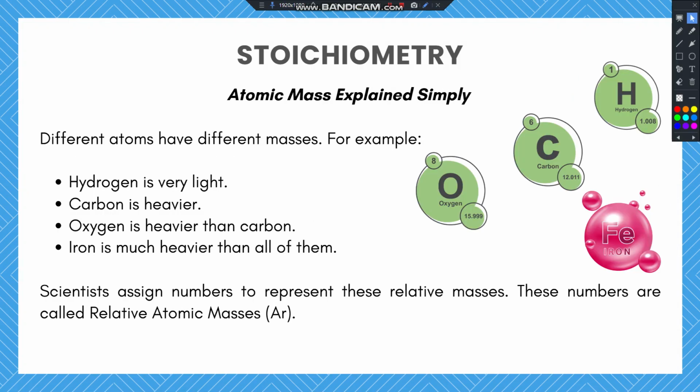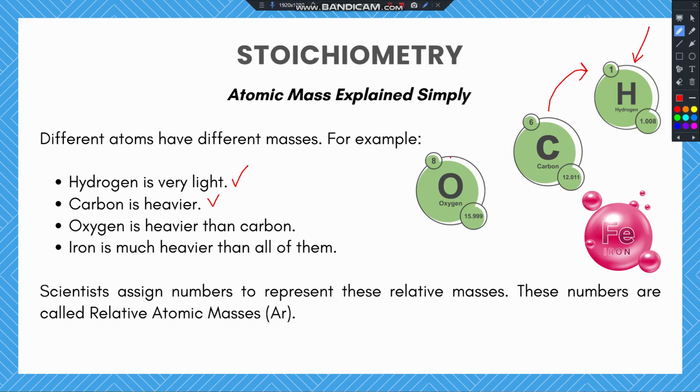Let's make some progress. So we begin by explaining the atomic mass simply. Now we said earlier on in this video that different atoms have different masses. For example, hydrogen, which is the first element on the periodic table, happens to be a very light element. Another element, which is carbon, is way heavier than hydrogen.